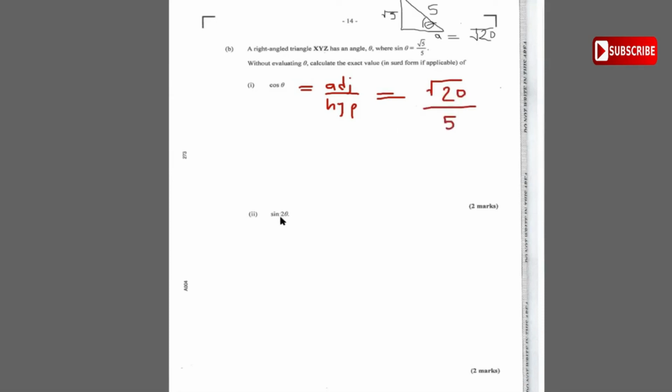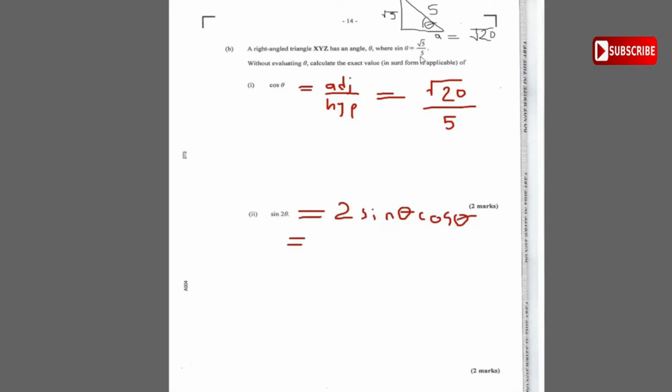Then it wants sine 2 theta. For sine 2 theta, we have to remember the double angle formulae. Sine 2 theta is 2 sine theta cos theta. So now we can punch in whatever is sine theta.